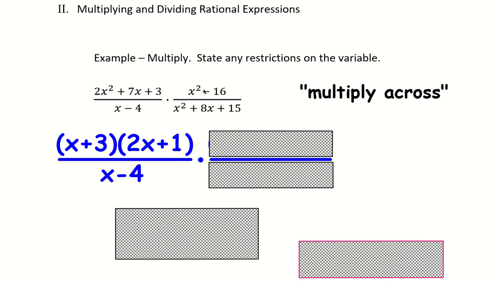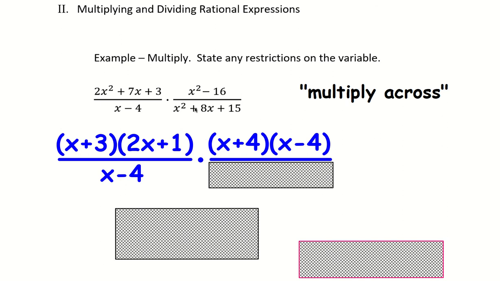Is there a GCF? No. Does this unfoil? Well, it's a binomial, so the only chance it has of unfoiling is if it's the difference of two perfect squares, which it is. And that would be the result of unfoiling this special case, x plus 4, x minus 4.